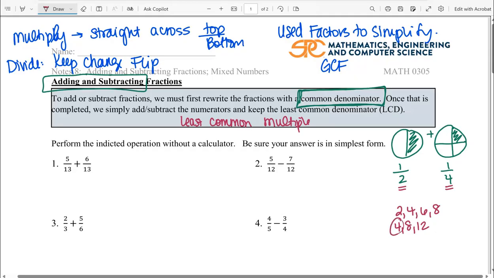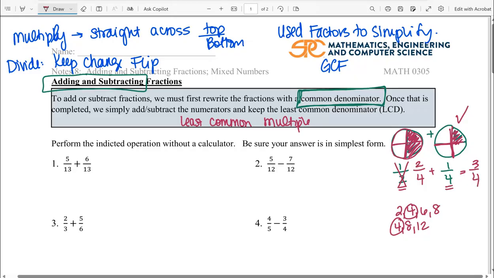I want the least common multiple to be my denominator. What that means is this circle in its 4 sections is already good. But this circle, I need to cut it in half again to create my 4 sections. So what I really have here, rather than half a circle, I'm going to call it 2/4. So if I have 2/4 and one more fourth, I end up having 3/4 in all.